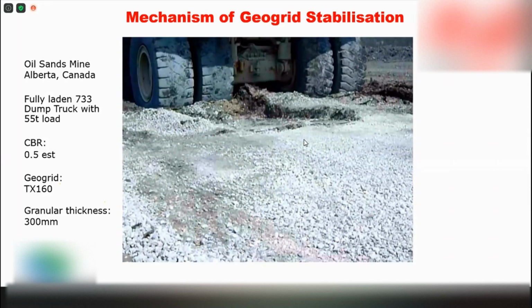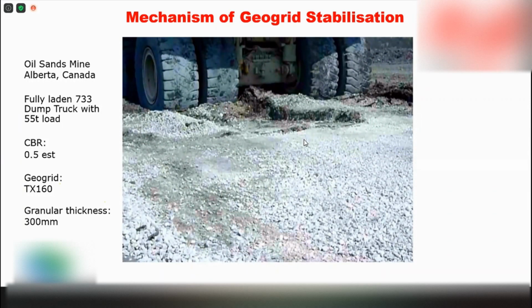Basically, the granular material that you pave on top will be totally lost and submerged into the ground if there is no placement of this tensile geogrid to stabilize the material. So you can see how important and how effective the tensile geogrid is in stabilizing the pavement.